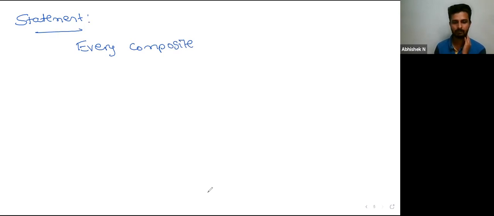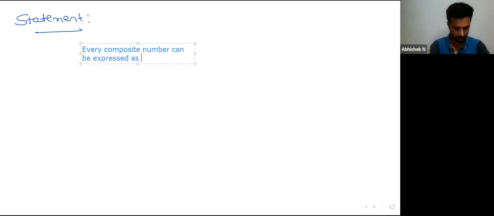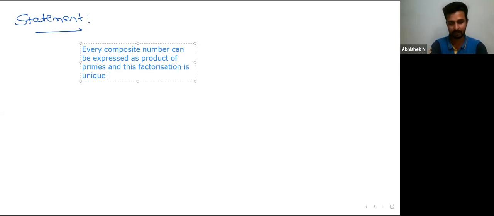I'll just type it over here. Every composite number can be expressed as a product of primes, and this factorization is unique apart from the order in which the prime factors occur.